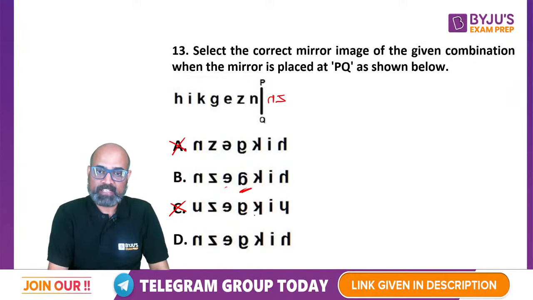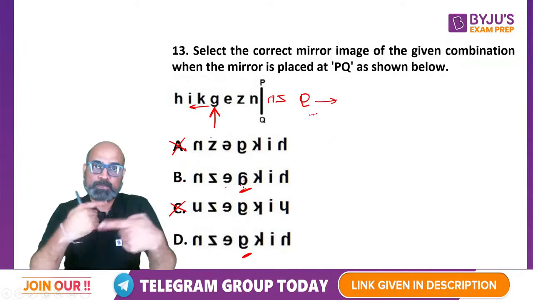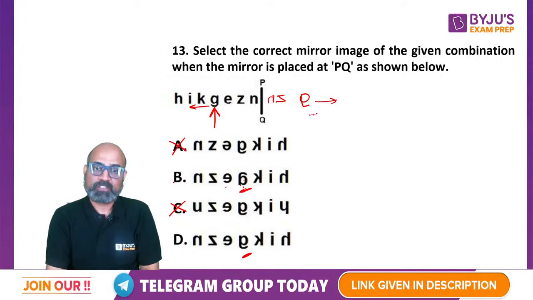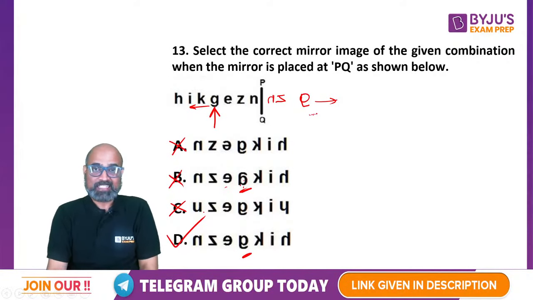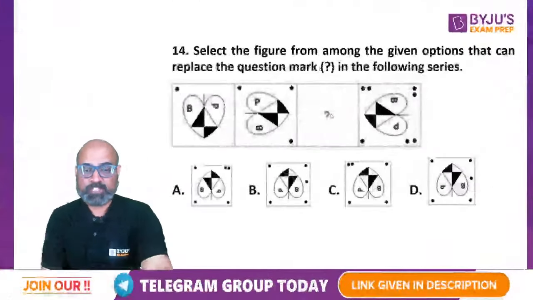So you will find that this particular letter is different, which will come from G. Since G's tail is facing away from the mirror, the G that we are going to draw, its tail should be facing away from the mirror. So G should have a symbol like this. This is more like upside down, right? B option. So the answer is Delta. Next one.